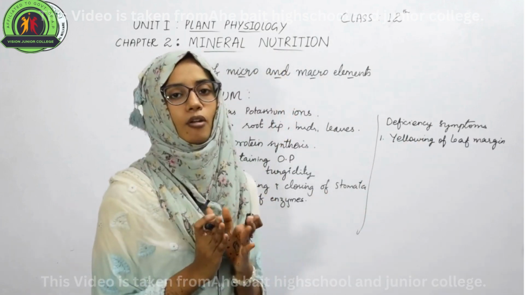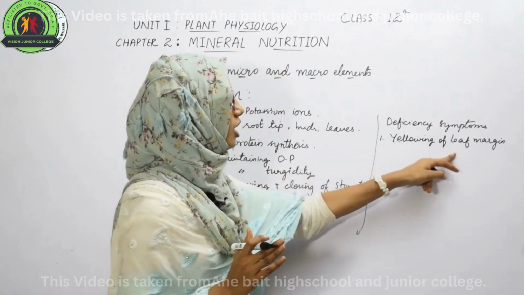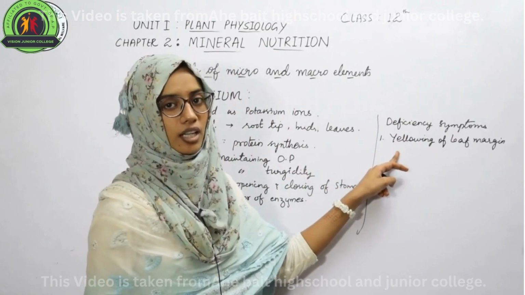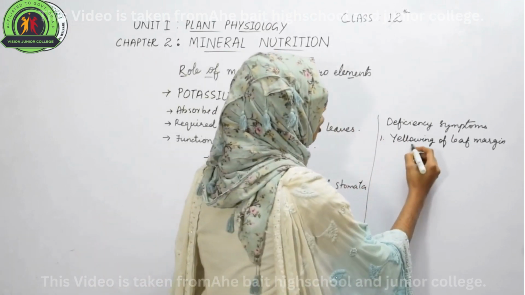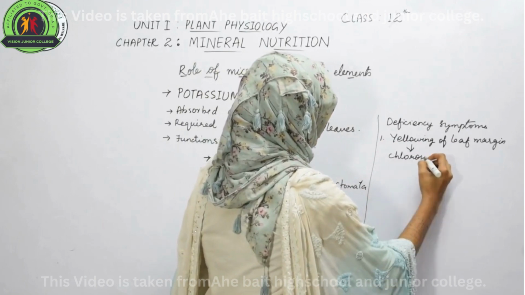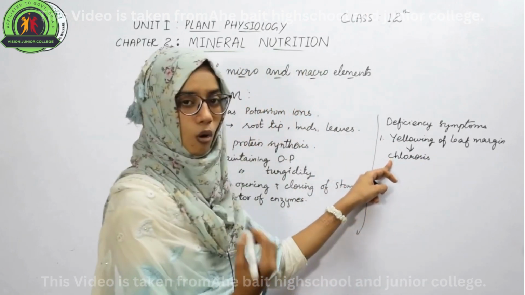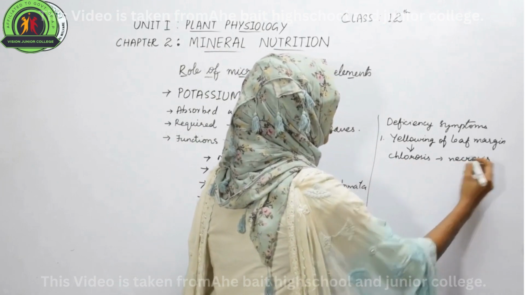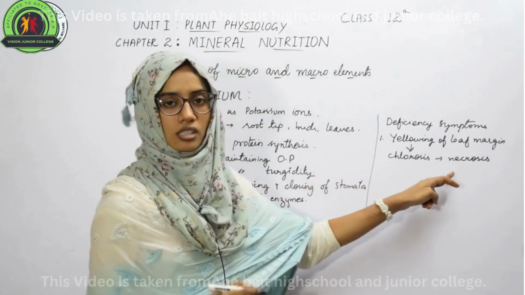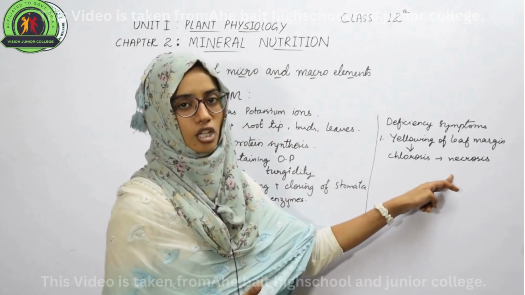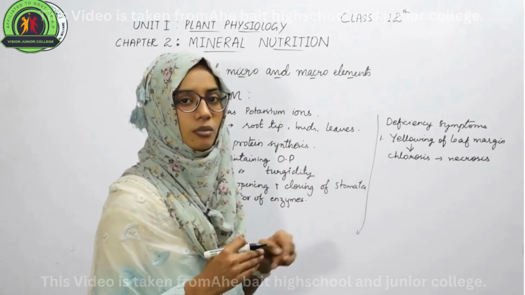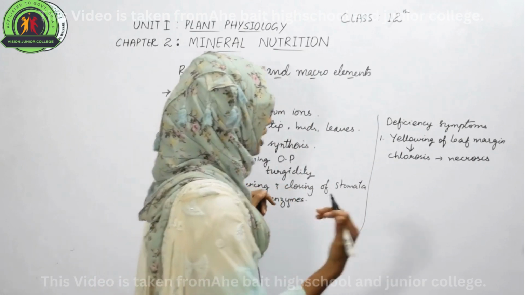The whole leaf may not become yellow, but the leaf margins can become yellow in color, especially in the older leaves, and this yellowing of the leaf margins is termed as chlorosis. Also necrosis can be seen due to the deficiency of potassium. Necrosis is the death of the tissues. So due to the deficiency of the element potassium, the death of the tissues can also take place, which is called necrosis.